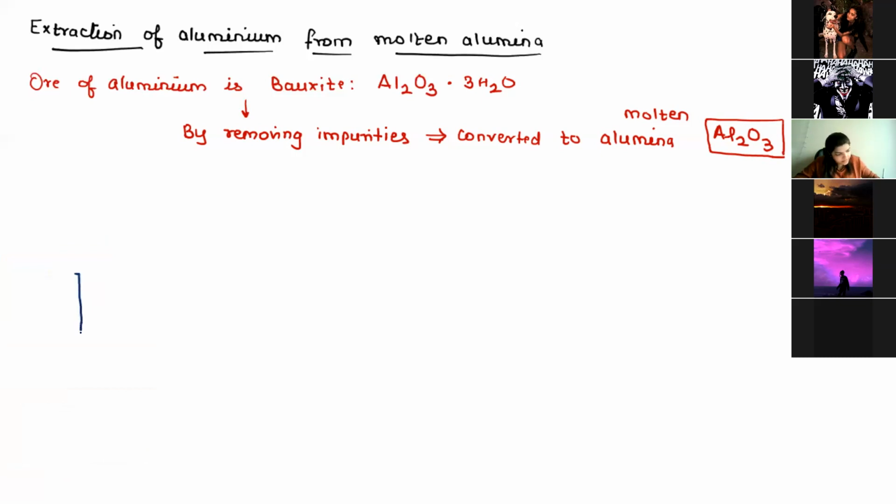Now in this, there will be a steel tank which is used. You are not supposed to remember the diagram, okay? The diagram is only for your reference. So this is a steel tank. The outer layer is made up of steel.